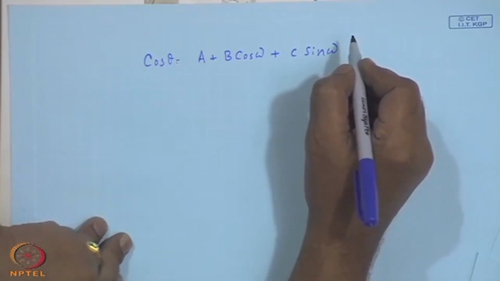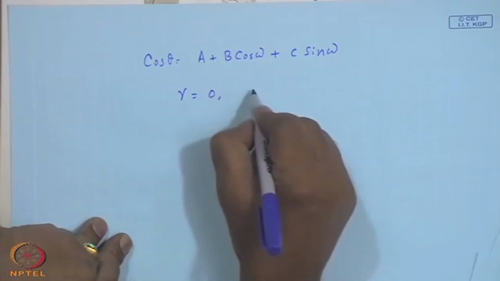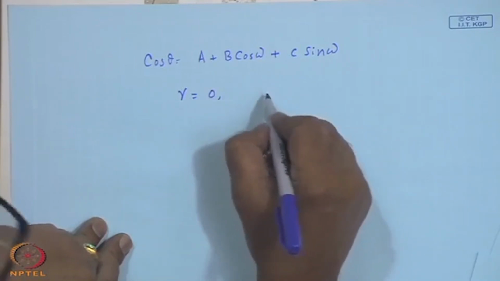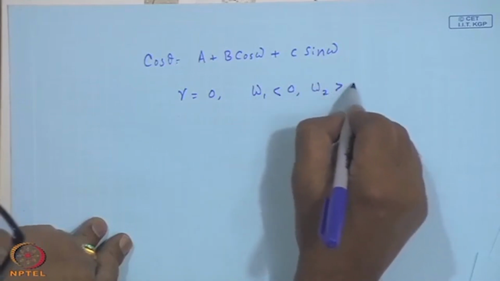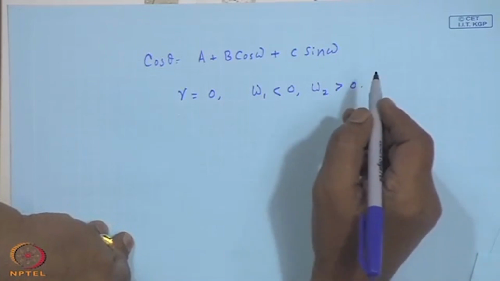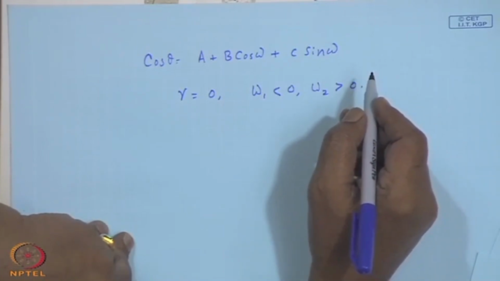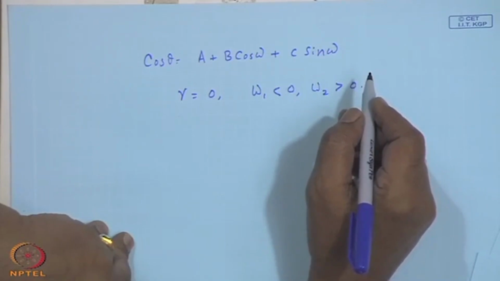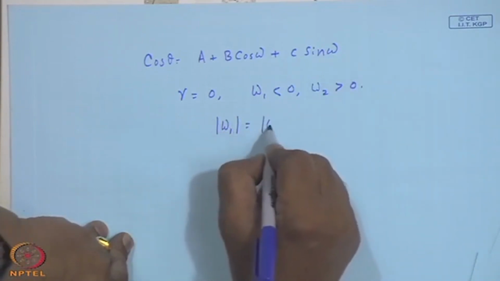We will find, as already pointed out, if gamma is 0, omega 1 will be less than 0 and omega 2 will be greater than 0, because theta will be pi by 2 at sunrise and sunset. So, in the forenoon omega 1 will be less than 0 and omega 2 will be greater than 0. Further, the magnitudes should be equal.